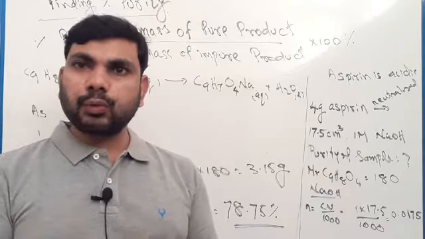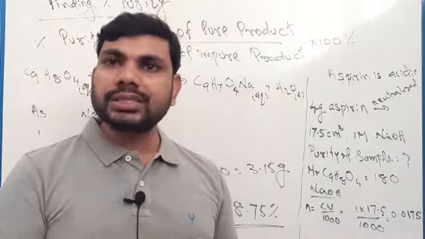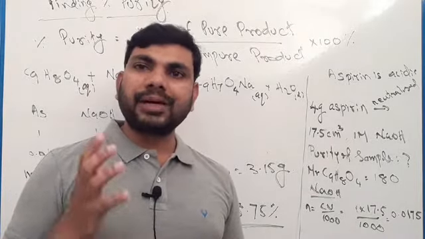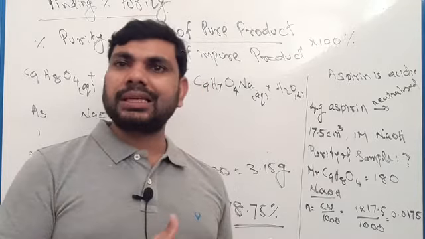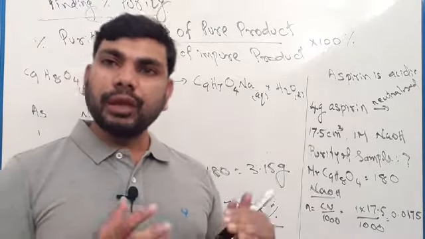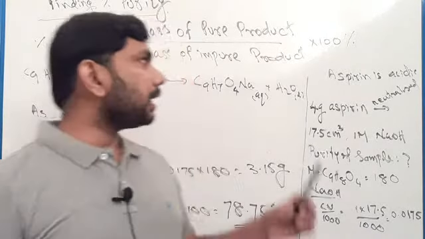There is the required product, also there is some impurity. So we want to find the percentage purity. So the mass of pure substance divided by total mass of the product or mass of impure product times 100. Okay, this is the equation.